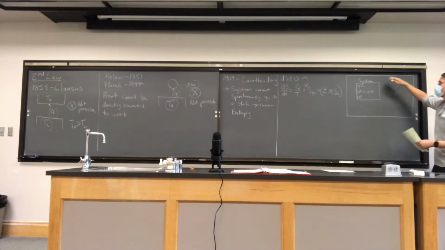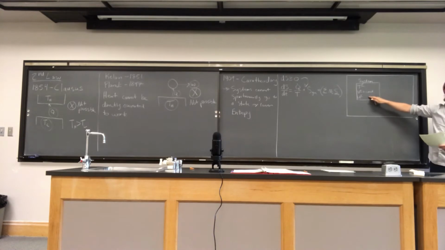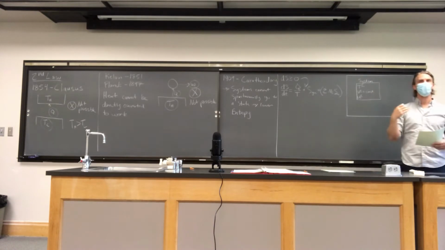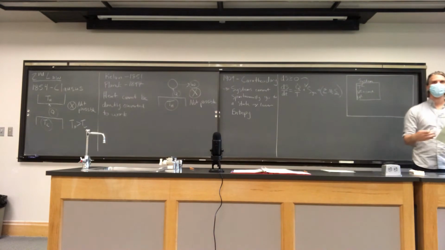Okay, so I have a system contained within an infinite bath. This system has a given temperature, a given volume, and a given internal energy. The volume is going to be constant, which allows us to neglect any work in the form of pressure volume expansion. It just simplifies our expression a little bit.